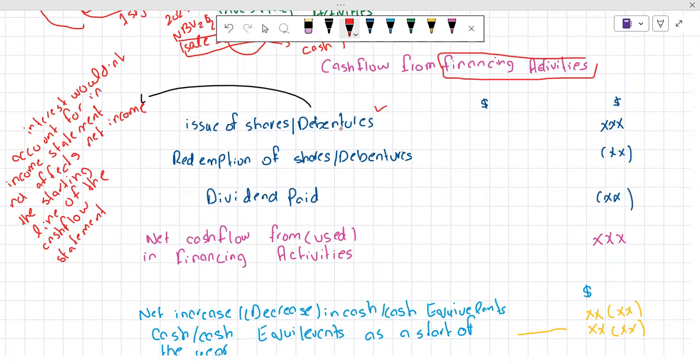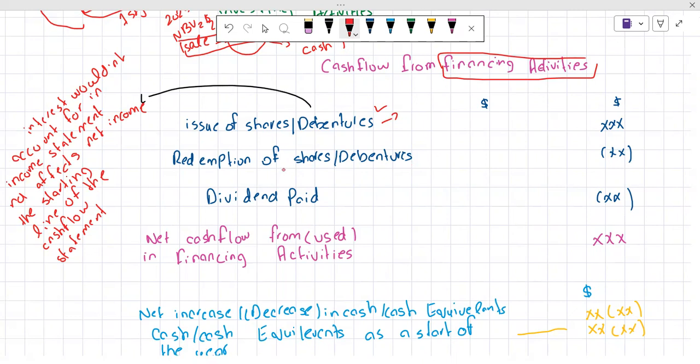Because if you are issuing the shares, or maybe if you are taking a loan from outside the business, it means that you are going to finance this loan into the business. So that is why it would increase your cash. So that is why it will be added into this.